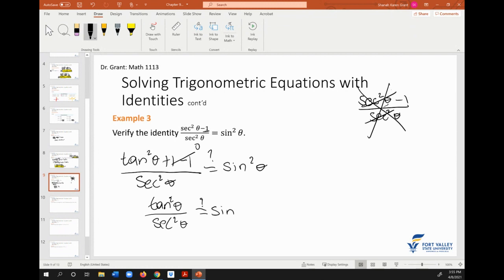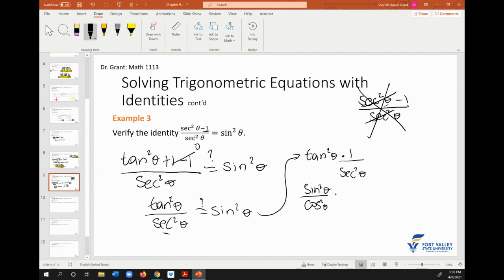And so I want to know, is this equal to sine squared theta? Well, let me break this apart a little bit. Like I said, this takes quite a bit of time. We can look at this as tan squared theta times, since this is in the denominator, 1 divided by secant squared theta. Now, tan we know is sine over cosine, so we can do sine squared theta divided by cosine squared theta.